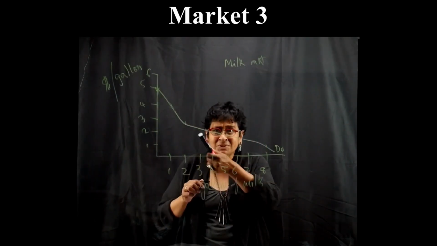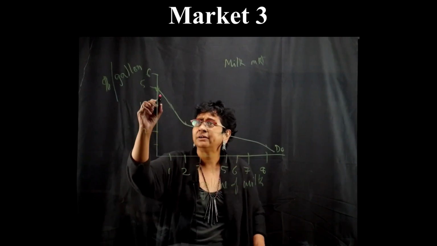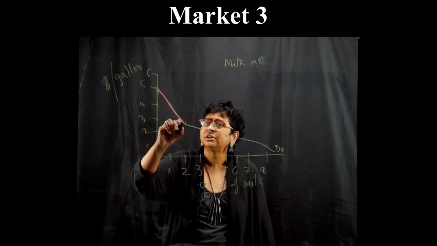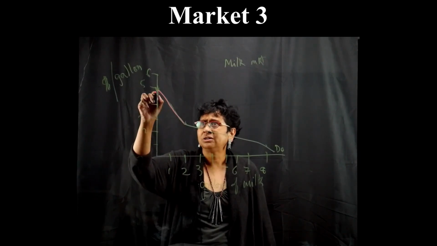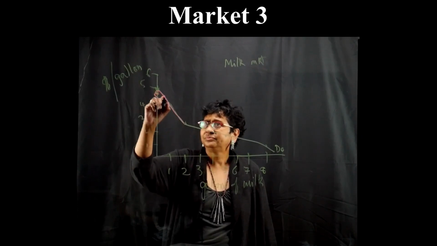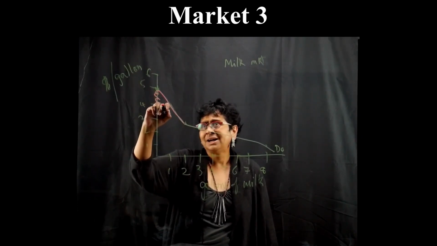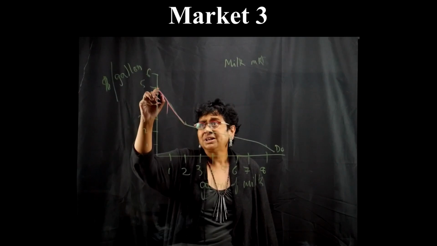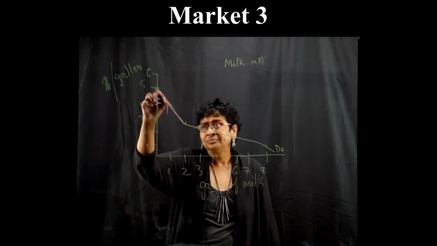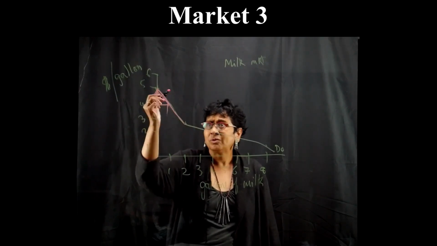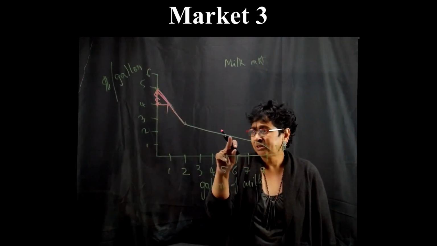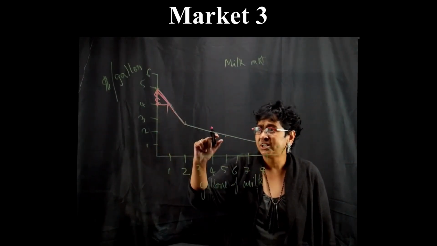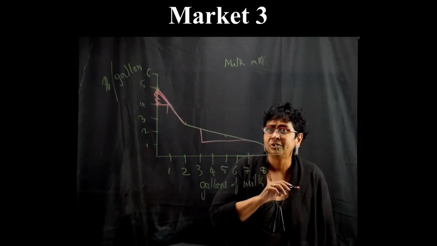So in this specific curve, take a look at what's happening here. In this region of the curve, when my price drops by $1, my quantity increases, but it increases by only 1, right? But when you come to this region of the curve, a $1 price drop is generating a huge increase in quantity.